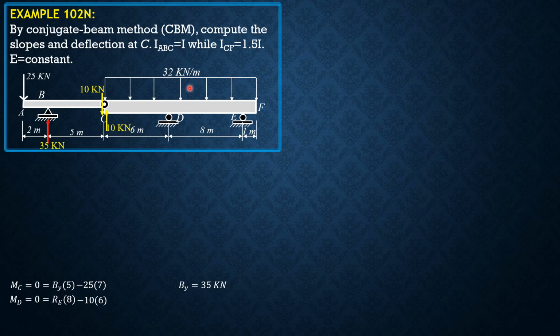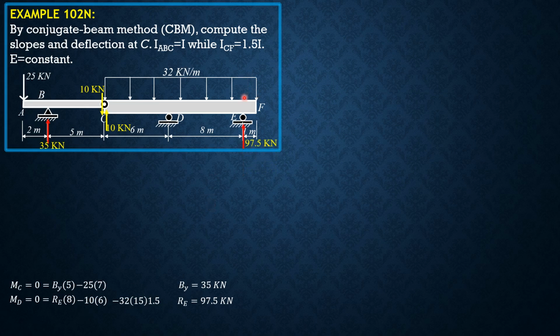The centroid is 7.5 from either F or C. So if this is 7.5 and this is 6, this is 1.5. So minus 32, the moment is clockwise, so minus 32 times 15 times 1.5 equals 0. So RE is equal to 97.5 kilonewtons as shown in the figure.